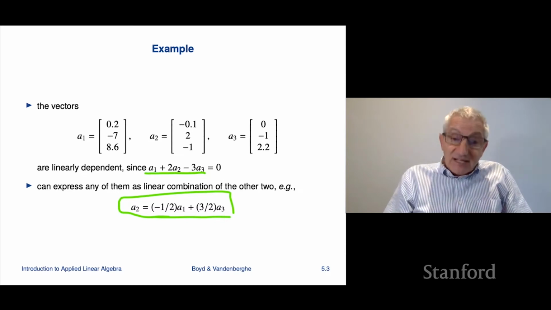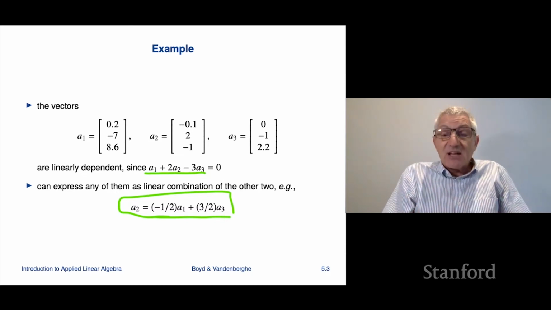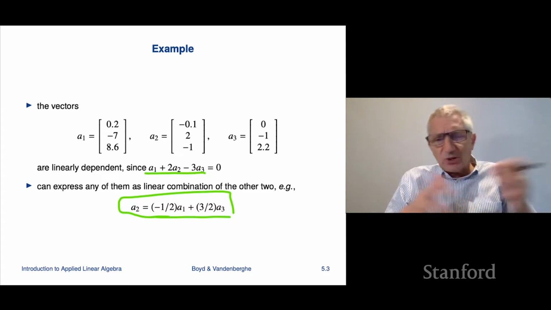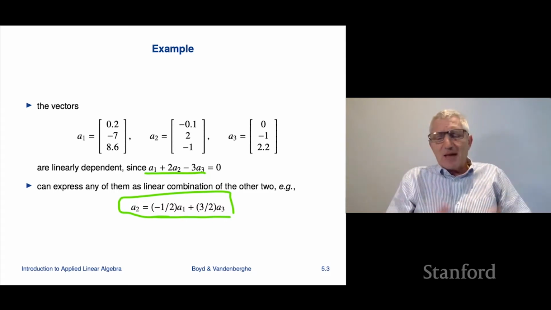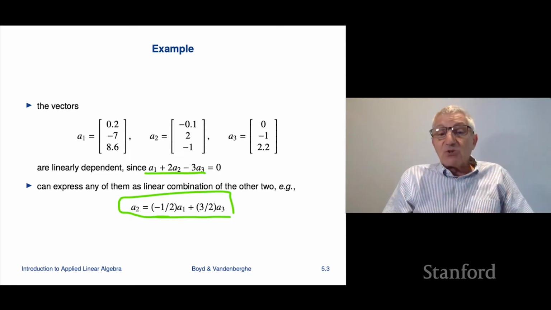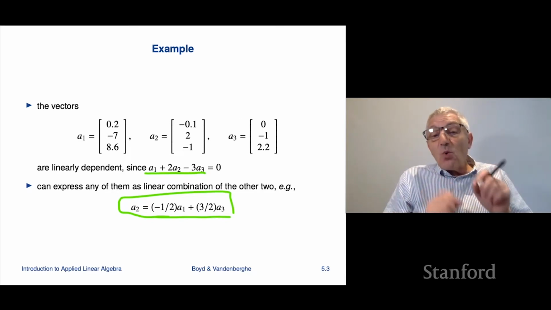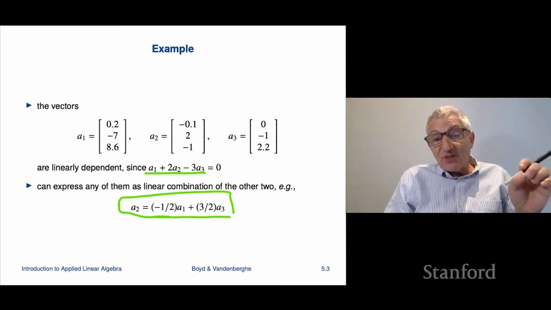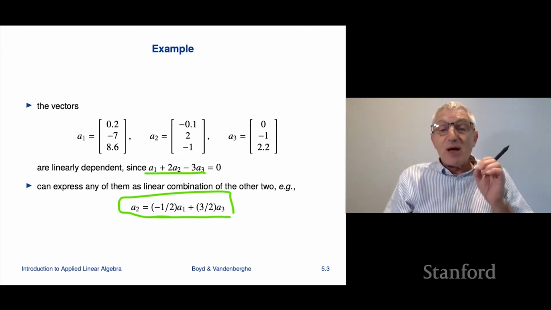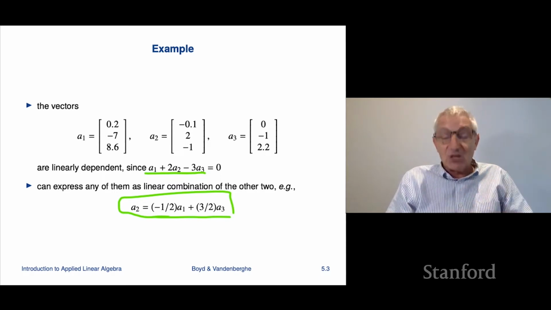So, for example, if your vectors represent cash flows of investments, it could be a loan or a bond payment, it doesn't matter, a mortgage. So these are cash flows, and when one of those cash flows is a linear combination of the others, in finance people would say you have replicated that cash flow.